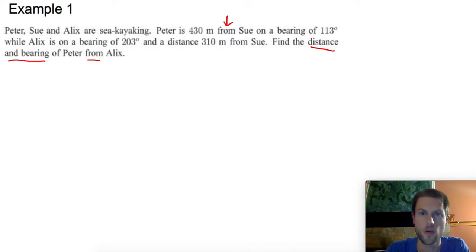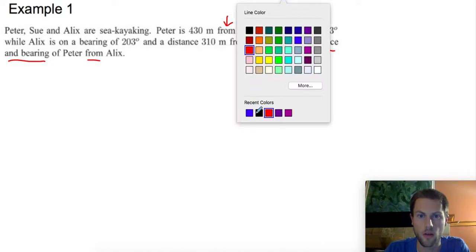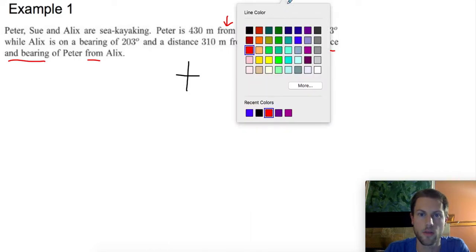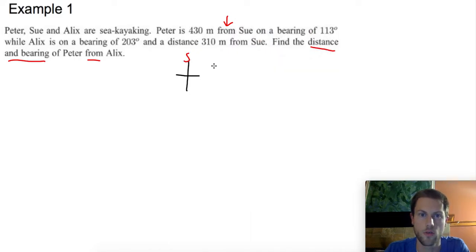So what I'm going to do is start off by drawing a little bit of a north, south, east, west compass. This is going to be Sue, right here in the center of this compass, and my first bearing is 113 degrees, and that's going to be the bearing that Peter is at, at a distance of 430 meters. So 113 degrees is going to be past 90.